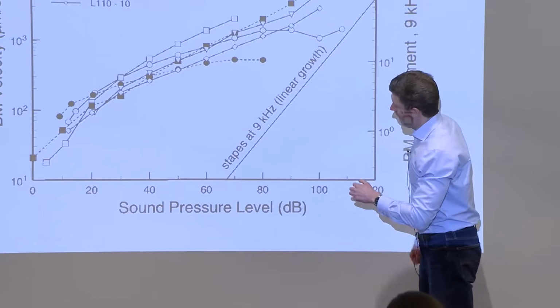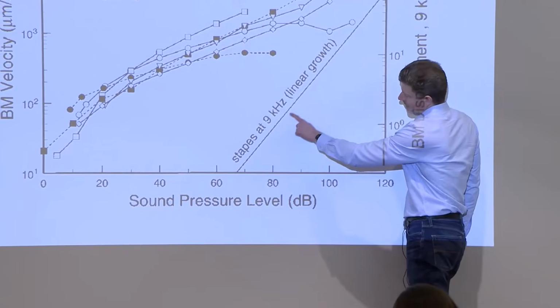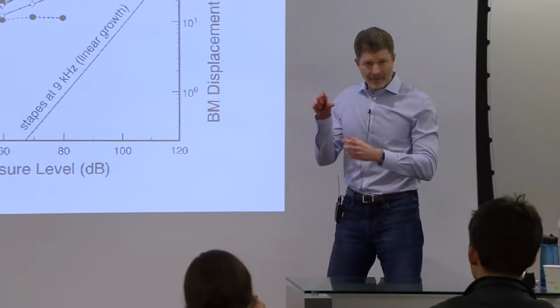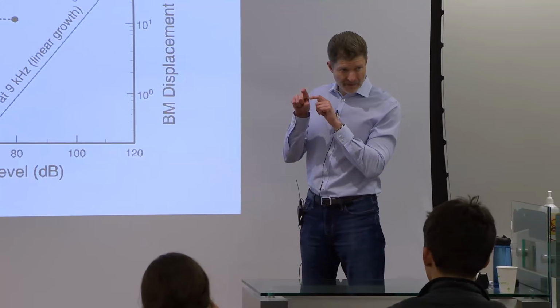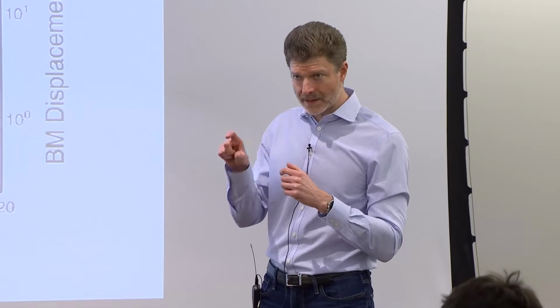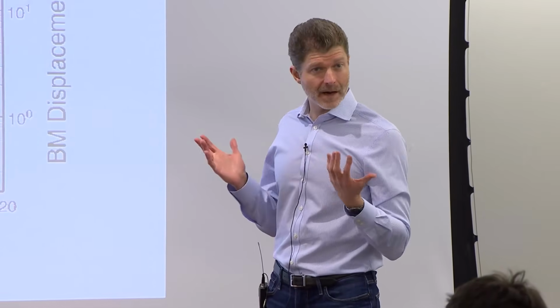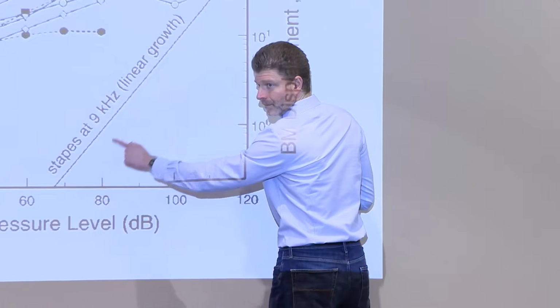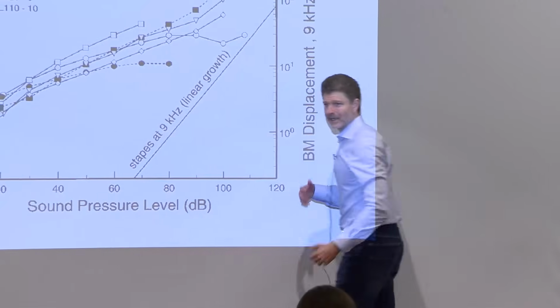And for reference, this line here displays the motion of the stapes. Remember, the stapes is the stirrup bone. It's the last bone in the ossicles that connects to the cochlea. So you can measure the motion of the stapes, and what you see there makes perfect sense. This is a line with a slope of 1. So that's a linear response.